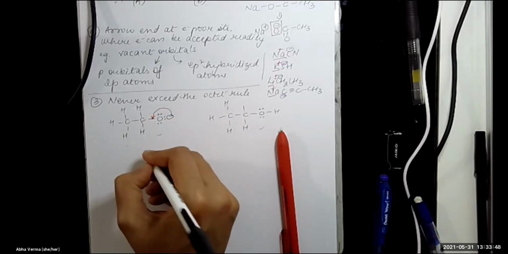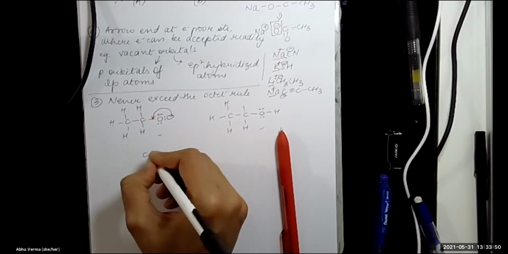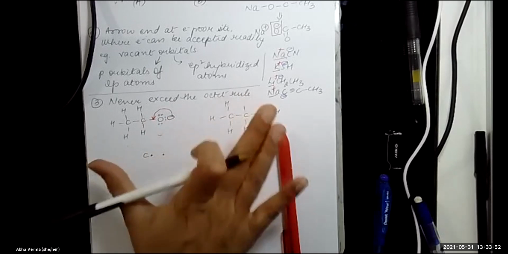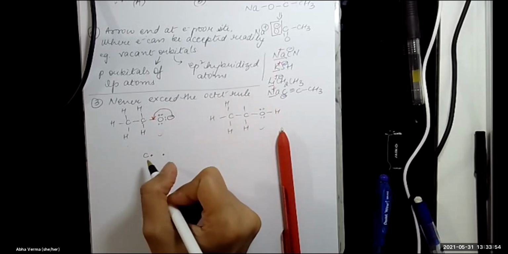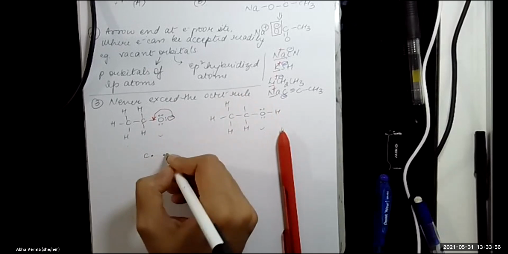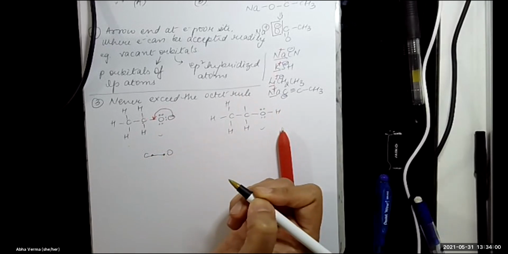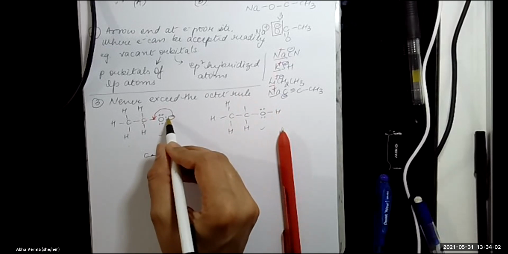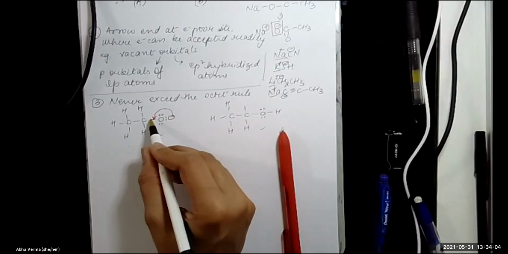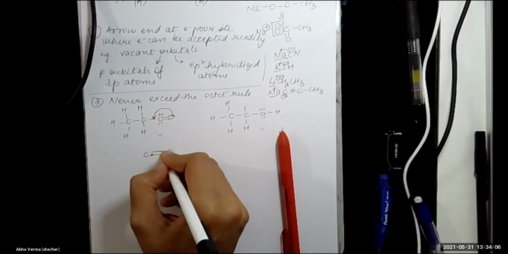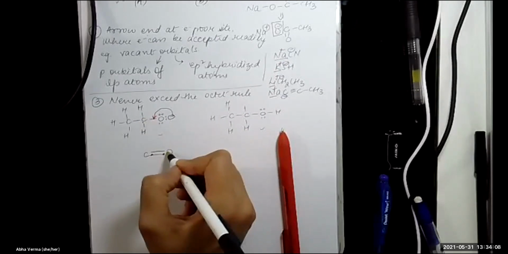Now remember, I told you to remember this in the beginning of this chapter: each bond between two atoms is made up of two electrons. These two electrons, if I place here, I'm going to make another bond with carbon.